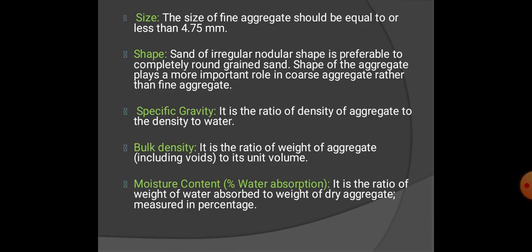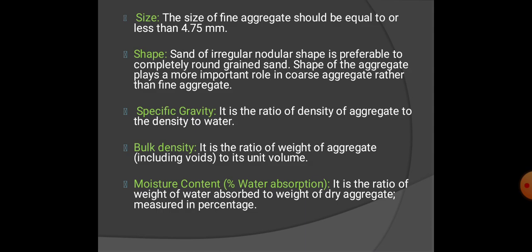The size of fine aggregate should be equal to or less than 4.75 mm, or in between 4.75 mm to 150 micron. So using the large size will give more dense concrete, but a mixture of all sizes is more desirable and more economical.